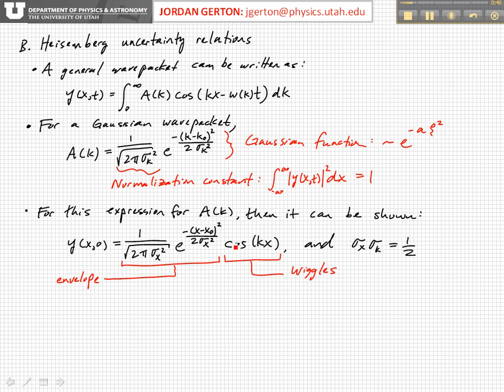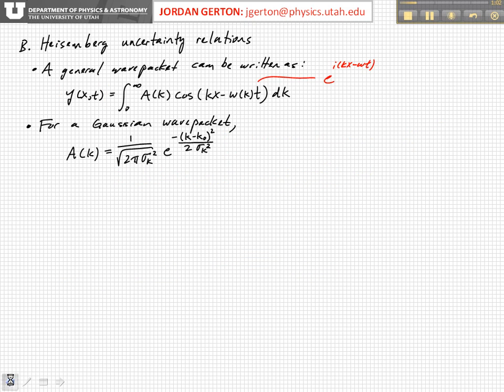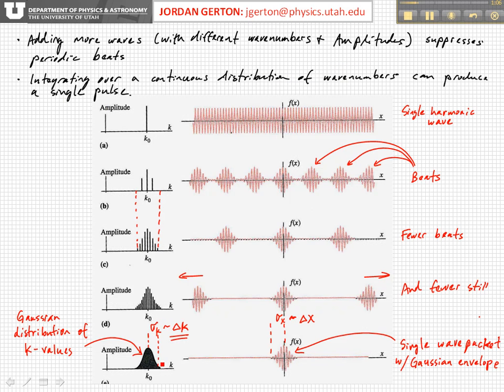So in addition to this, what you can show is that if you multiply that sigma x times sigma k, for a Gaussian, you get a half. The sigmas characterize the width of the distribution in k, or somehow, again hand wavy, the size of your wave packet.